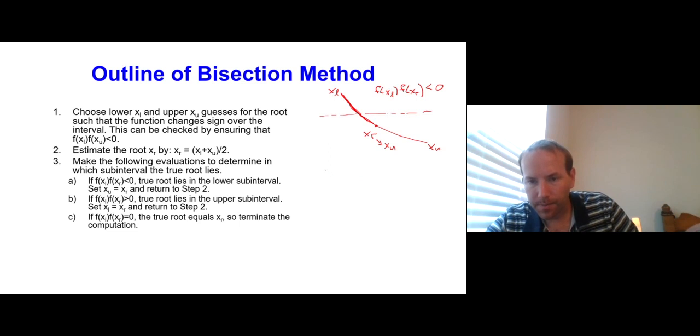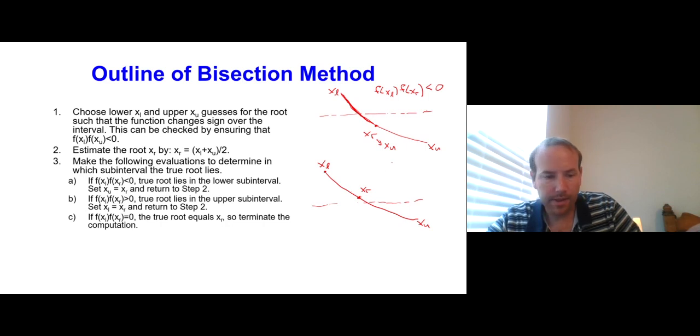The other way that this could work would be if the 0 line is more like this, so that f of XR is just above the 0 line right here. And in this case, we're going to take the product again of f of XL and f of XR, and we see that when they're on the same side of the 0 line, then their product is greater than 0.